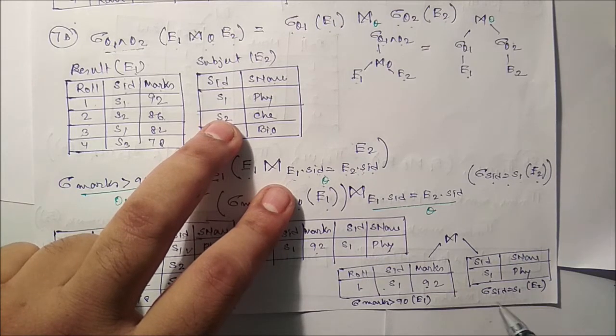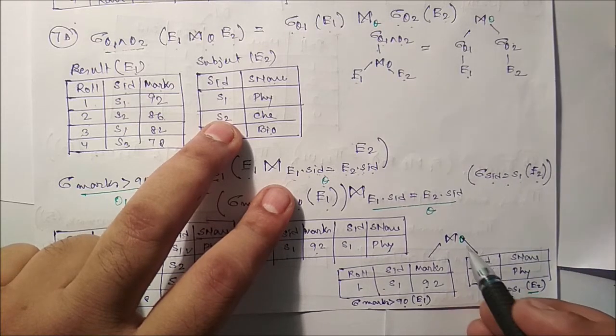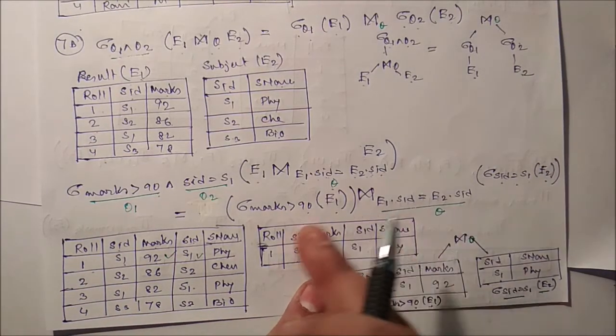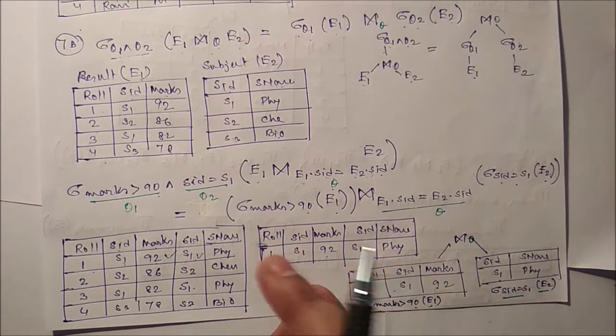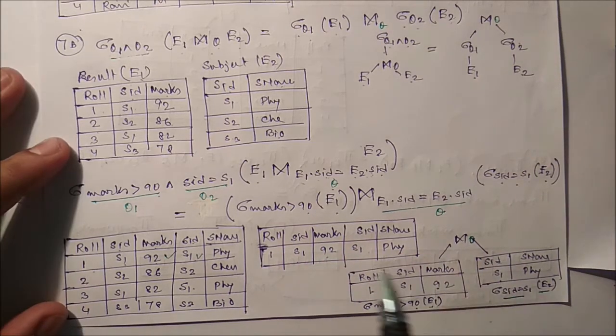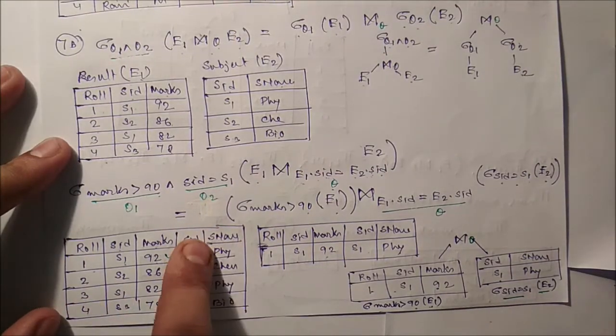So this is selection subject ID S1 from E2 and marks greater than 90 from E1. After that we have to apply the theta condition. We equijoin these two tables, and we can get this particular result: 1 S1 92, and S1 physics. We can see here, if you use this particular left side expression, now see the size of the intermediate table.